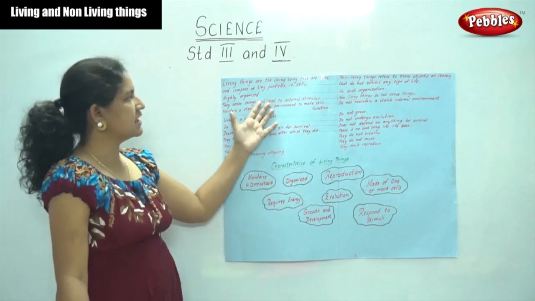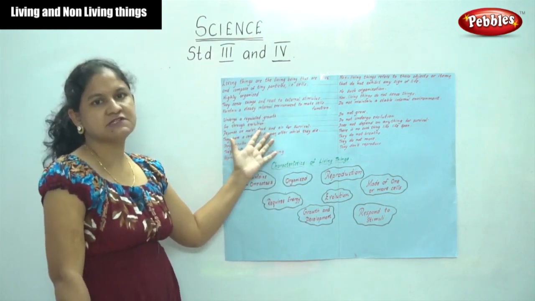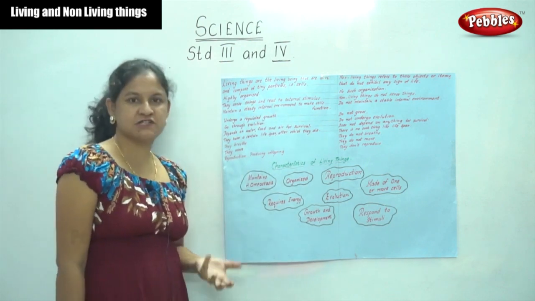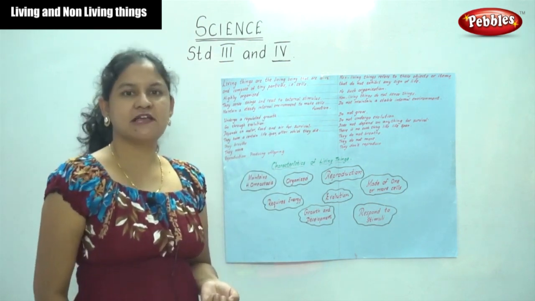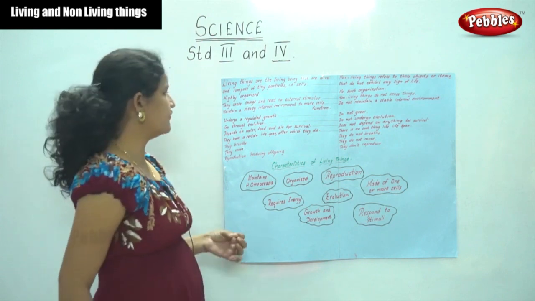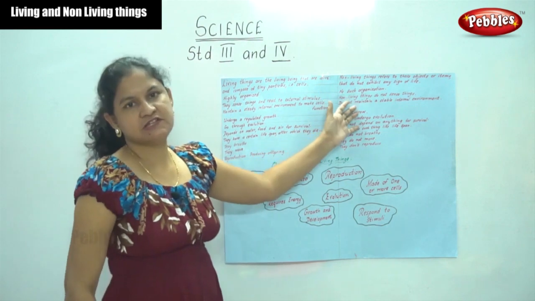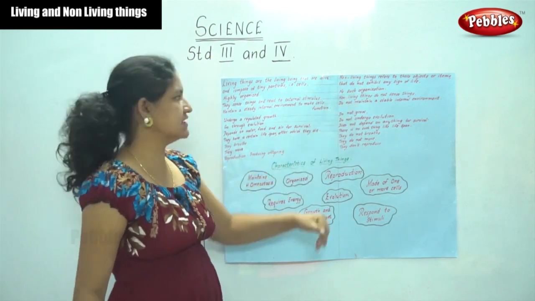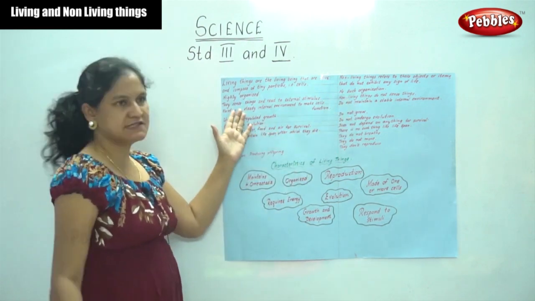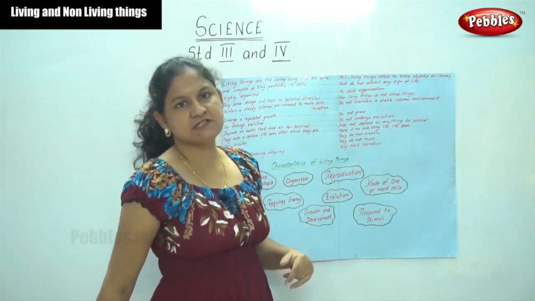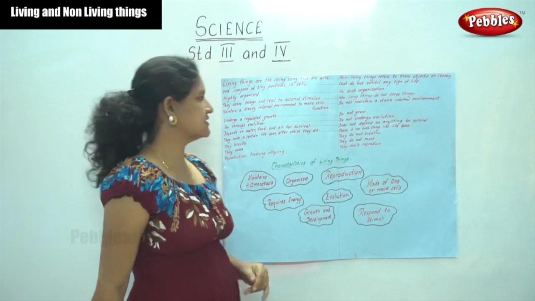So living things are composed of tiny particles, that is cells. Non-living things refer to objects or items that do not exhibit any sign of life. Living things are highly organized. Non-living things do not have such organization. They sense things and react to external stimulus. Non-living things do not sense things.